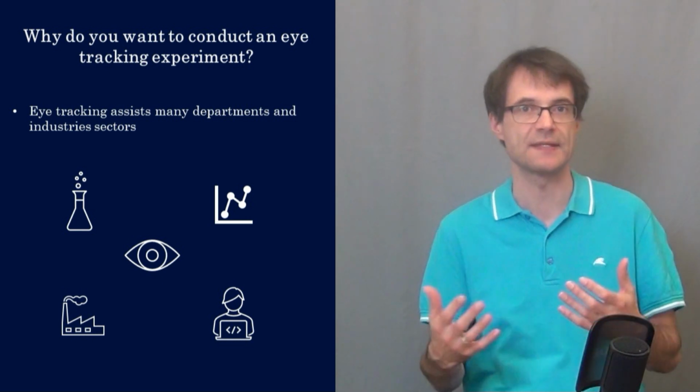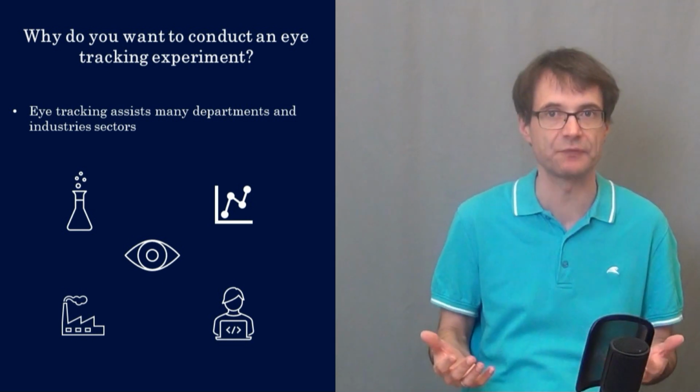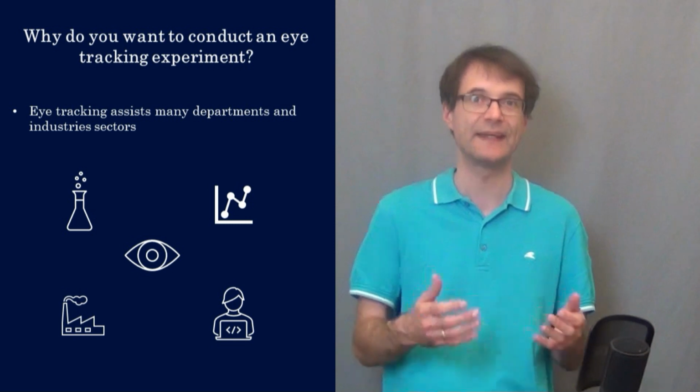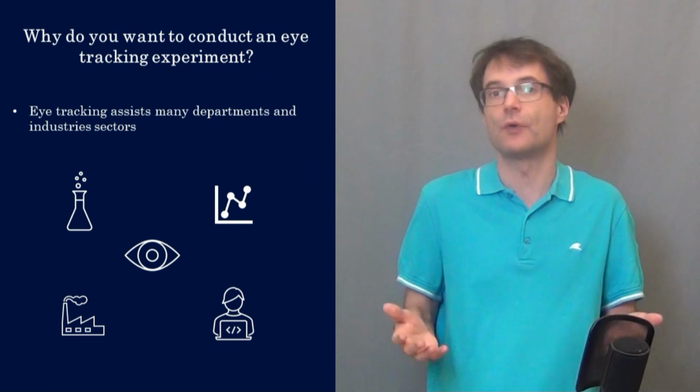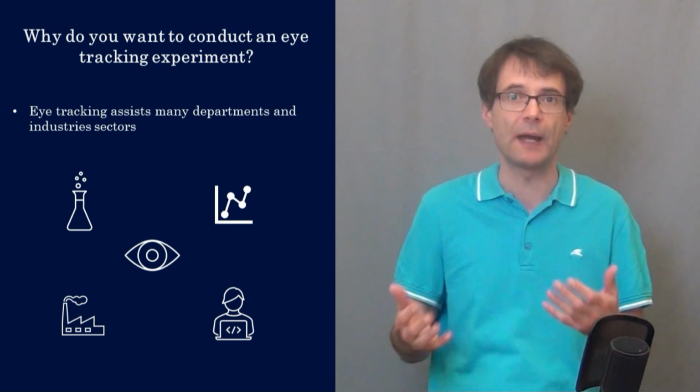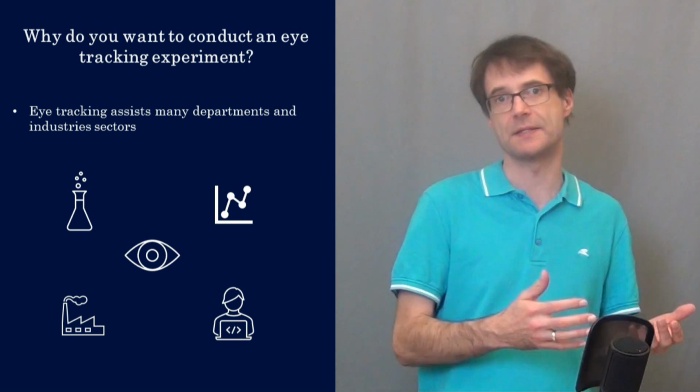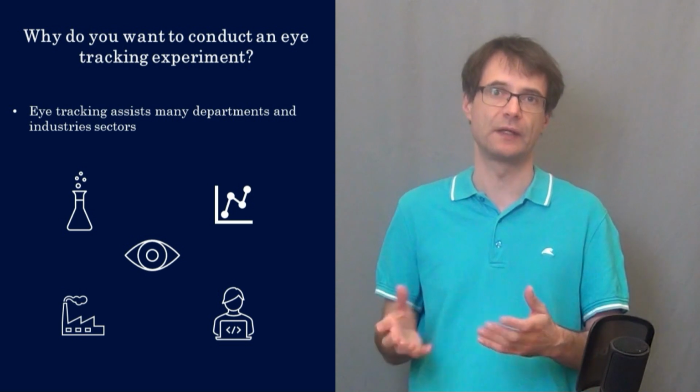Like you want to test the concepts of a user interface, or you want to collect data for training AI algorithms. If you are a market researcher, you might be interested in why customers prefer one product instead of another. So the reasons why we are conducting eye-tracking experiments can be very different.